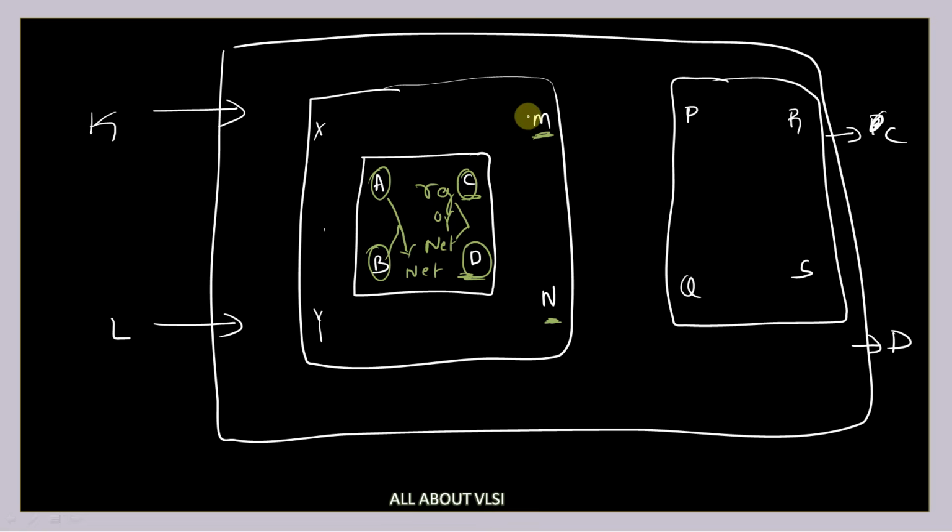Exactly. This can be only net. Okay. Now, what should be the data type of X and Y? What can be the data type of X and Y?